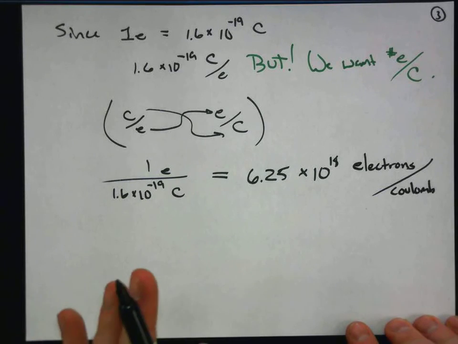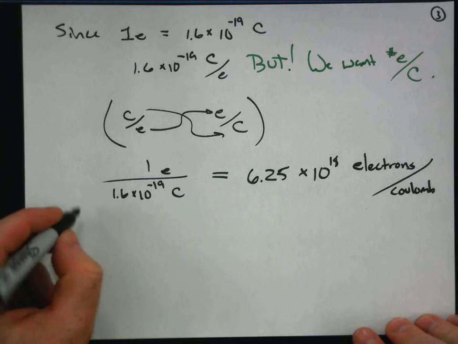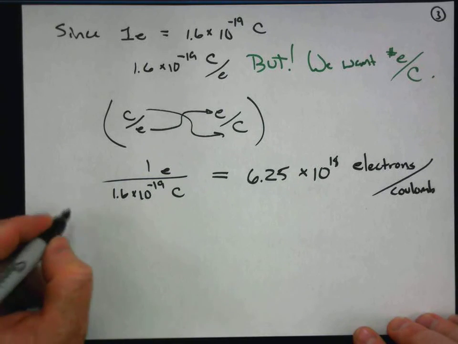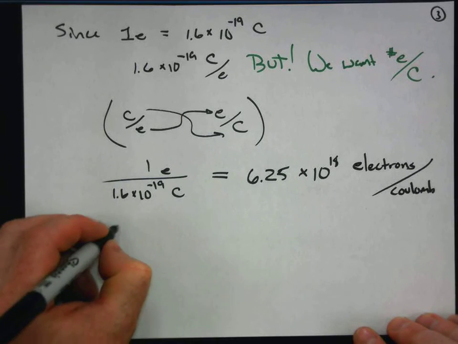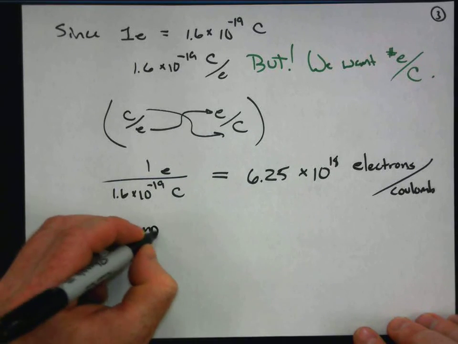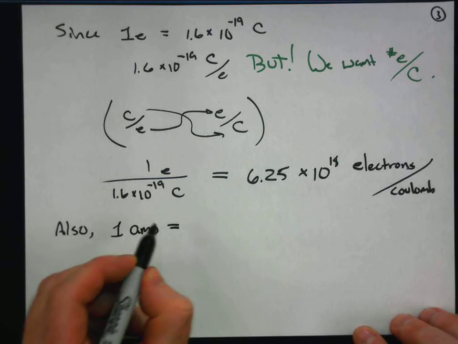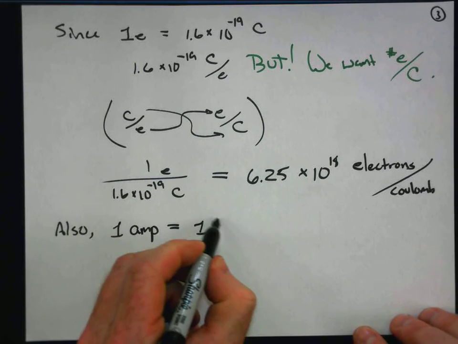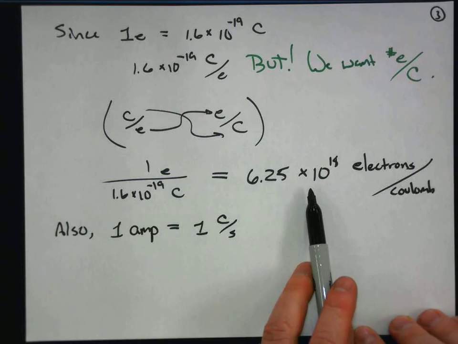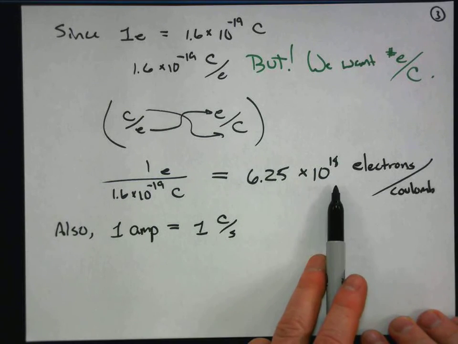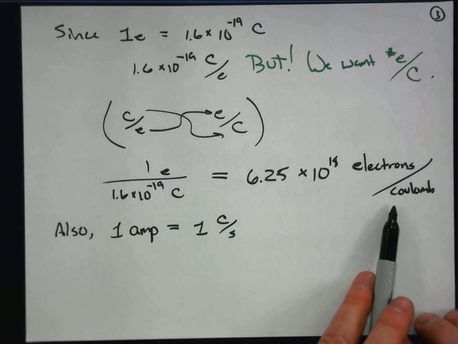So now I also recall about electric current. One amp is 1 coulomb per second. And I've just said that it takes this many electrons, 6.25 times 10 to the 18 electrons, to make up that 1 coulomb.